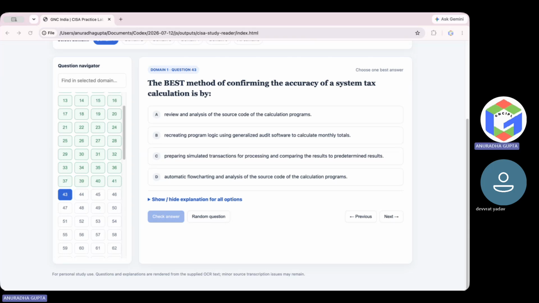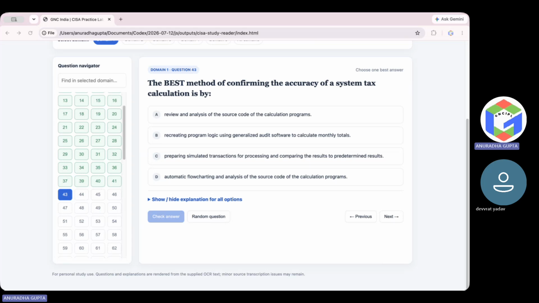So the question is the best method of confirming the accuracy of a system tax calculation. So how to validate or confirm the accuracy of the tax system, whether they are calculating the tax accurately or not, in that particular application.